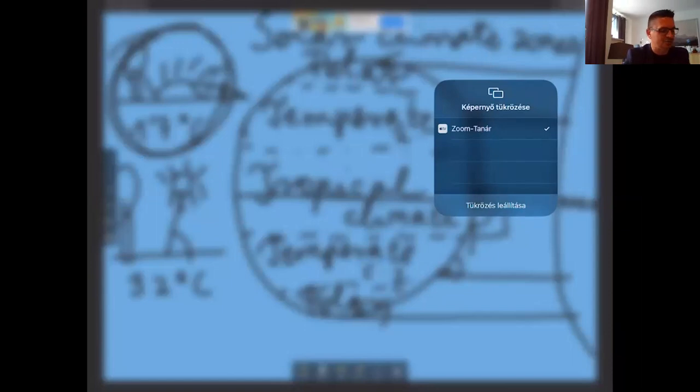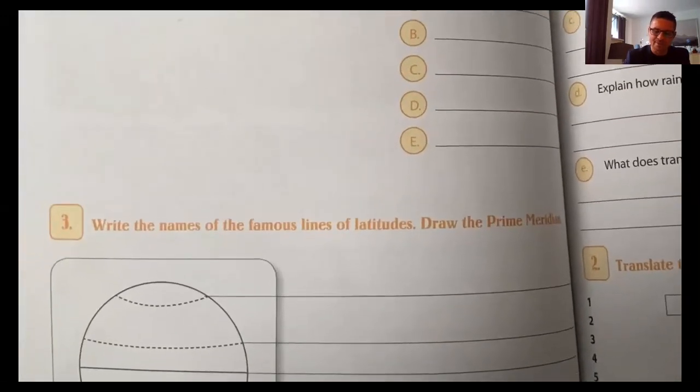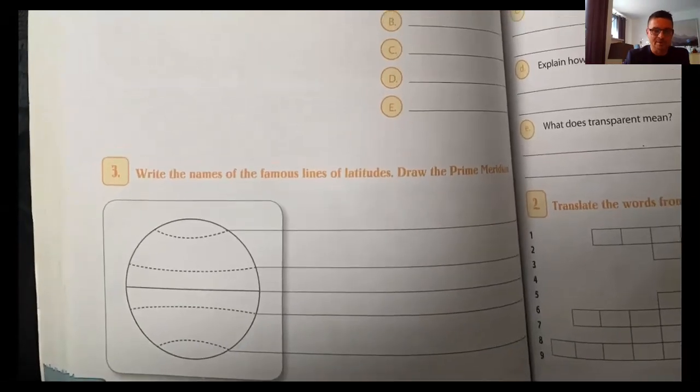And when you finished writing there the names of continents and oceans, please have a look at this second task, where you can see the names of the famous lines of latitudes. And then you can write here all what we learned: Equator, Tropic of Cancer, Arctic Circle, in the south Tropic of Capricorn and Antarctic Circle.